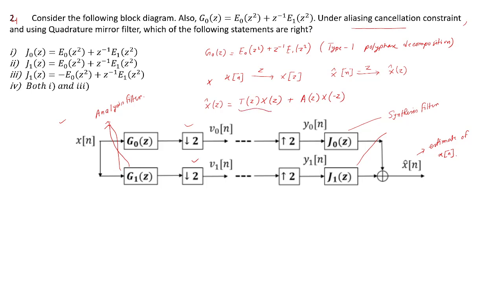We also remember that this we have denoted as the signal term. This is our effective signal term, what we desire, and this is the unwanted part, which we denote as the aliasing term.